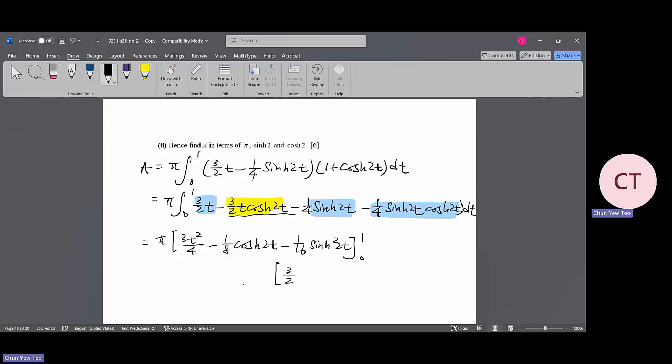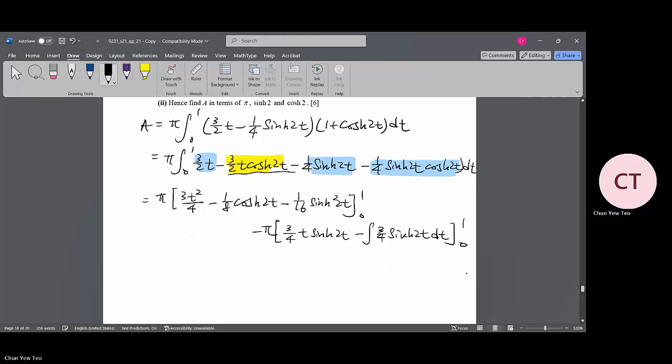There's a pi in the front. Integrate cos 2t, you get half sine 2t. So this one, it will be 3/4 t sine 2t, minus the 3/4 sine 2t dt from 0 to 1.